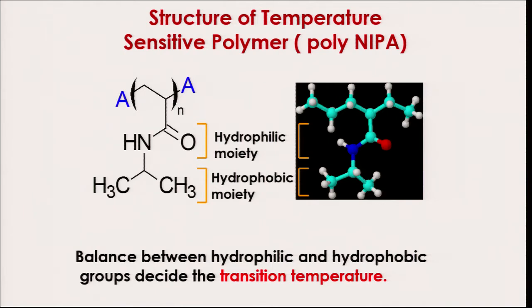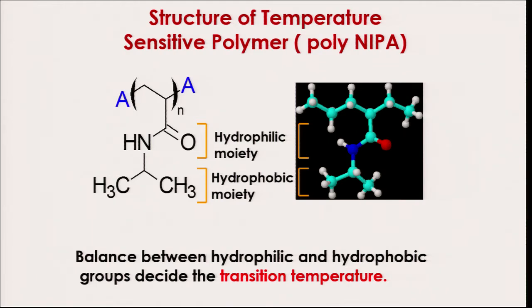If you see, it is an acrylamide structure in which one hydrogen has been replaced by an isopropyl group. This isopropyl group is a hydrophobic moiety, and the amide group CONH is a hydrophilic moiety.